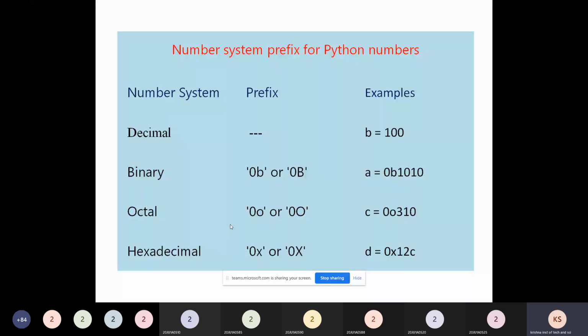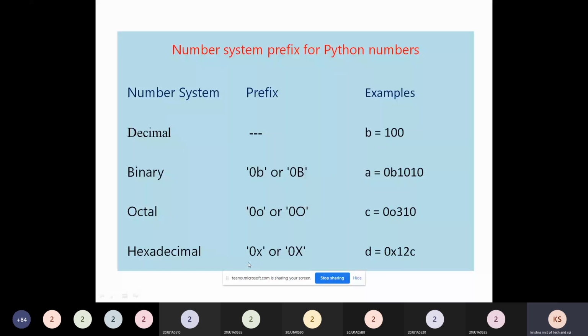Octal has 8 digits, 0 to 7: 0, 1, 2, 3, 4, 5, 6, 7. How can you assign an octal value? Based on this prefix, 0 small o 310. So these are octal digits.